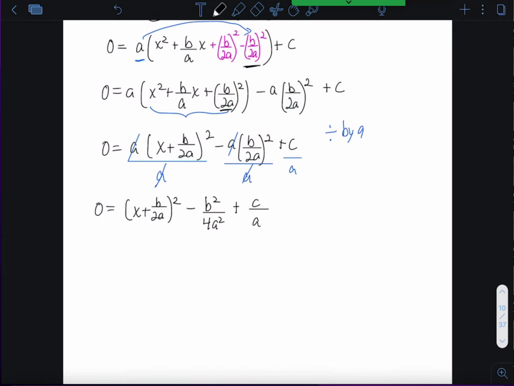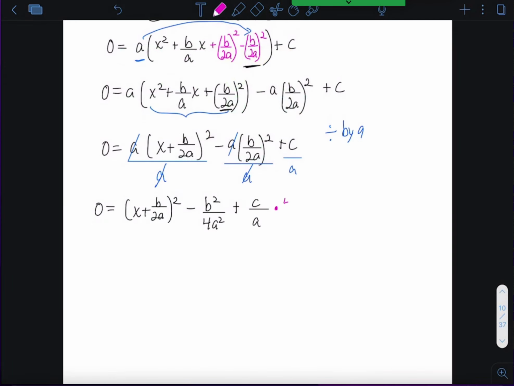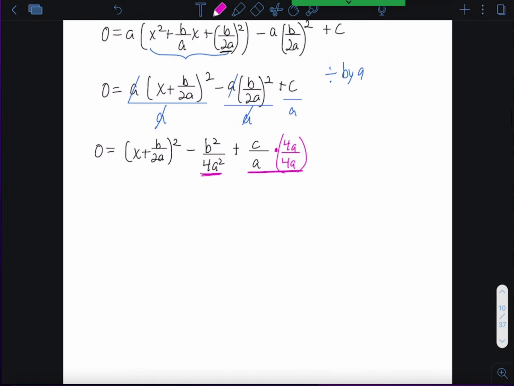Now, what I want to do is eventually combine these last two terms. So what I need before I do that is a common denominator of 4a squared. So I need to multiply this c over a term by 4a over 4a.